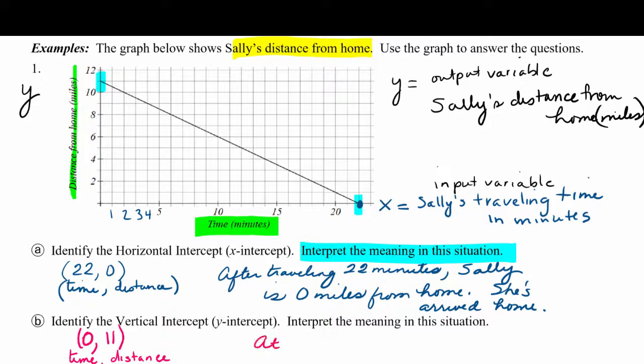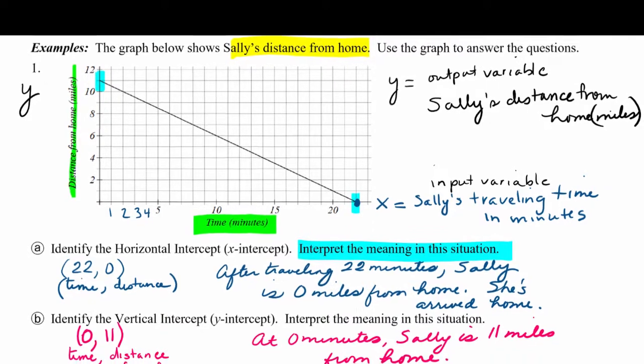It says at 0 minutes, Sally is 11 miles from home. So her trip home is going to take her 11 miles to get home, isn't it? So she starts from 11 miles away, doesn't she? At time t equals 0, Sally is 11 miles from home.